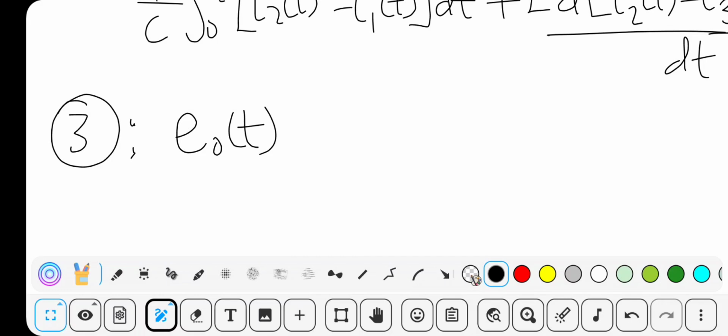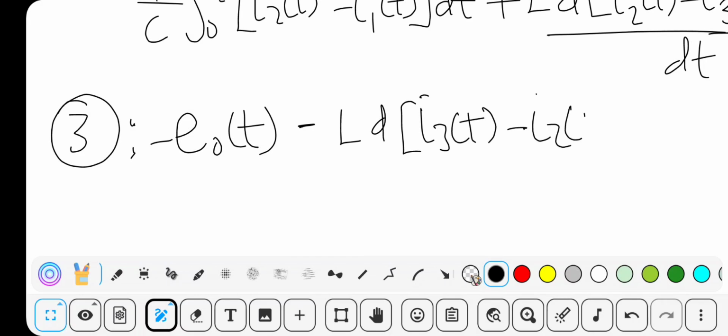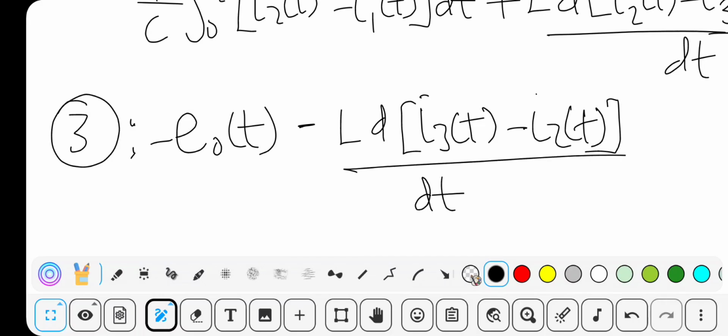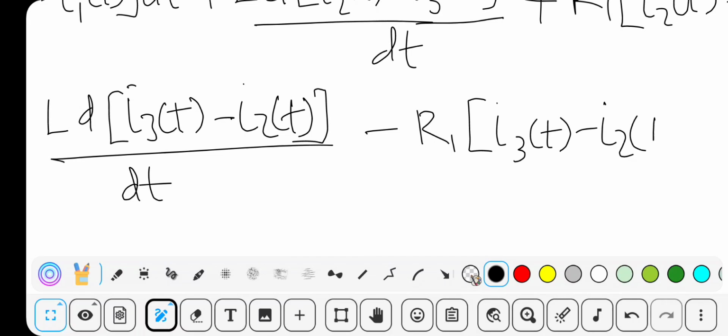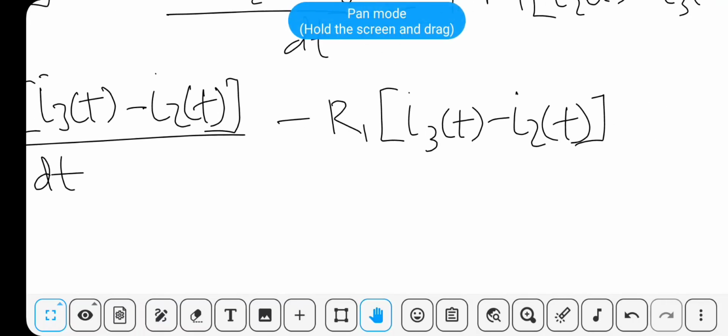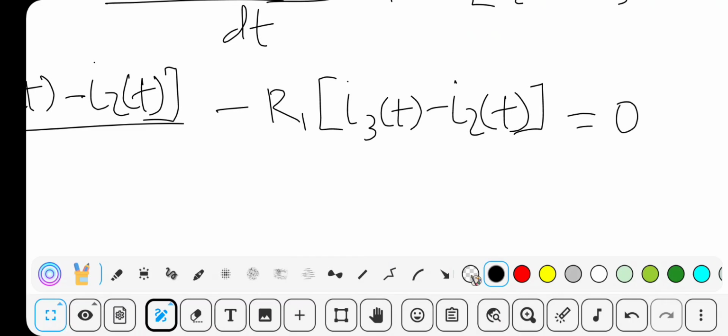It's an open circuit, so it will be minus L d(I3 minus I2 of t) over dt, minus R1 times (I3 of t minus I2 of t). This is equal to 0.